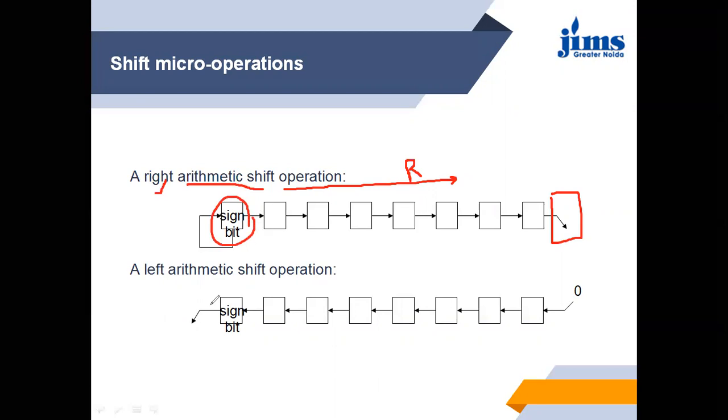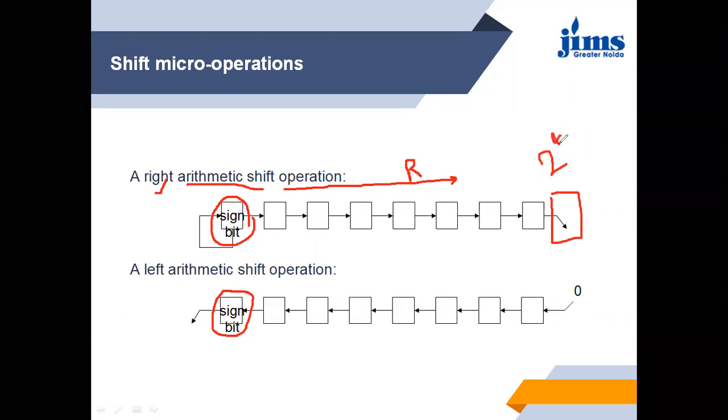So what can be the case? When we are performing a left operation, in that case it can be overflow. Suppose this is a 4-bit register, and in a 4-bit register we can store 2 raised to the power 4 numbers.